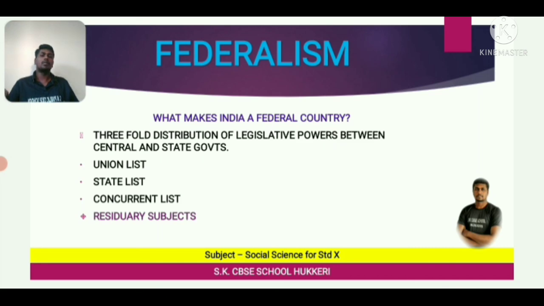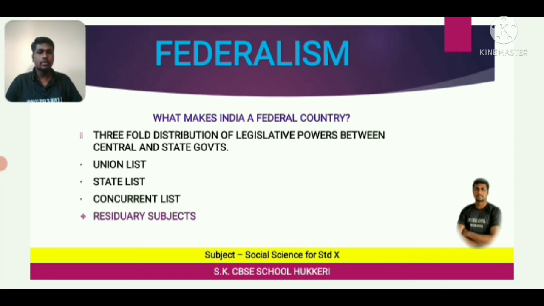Both state and central government can levy tax. So this is the overall concept of what makes India a federal country.